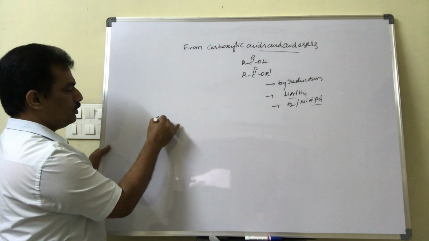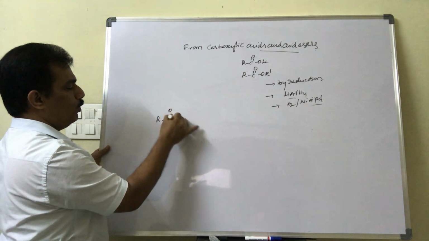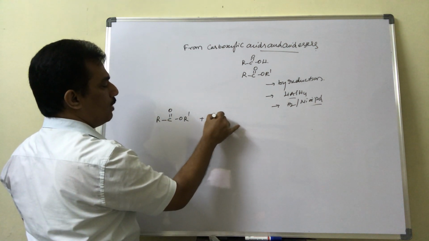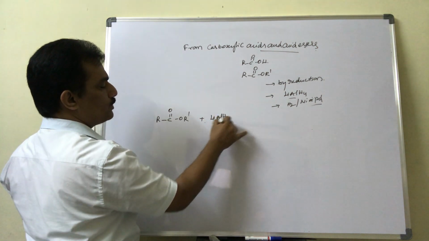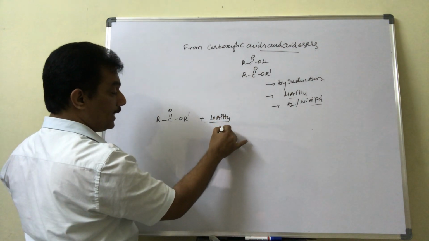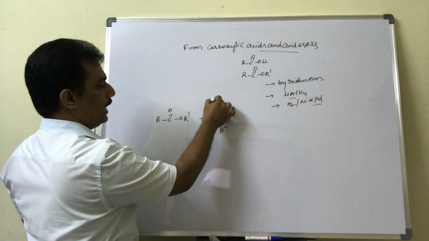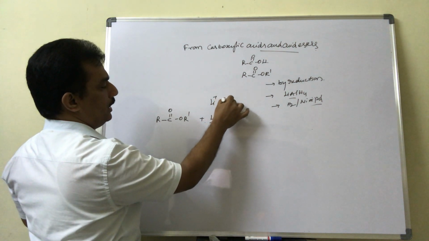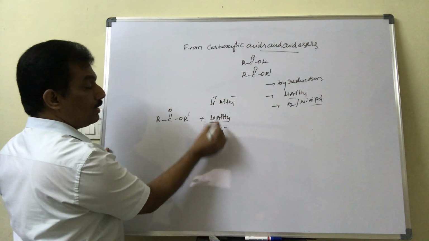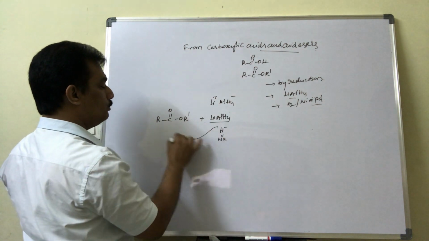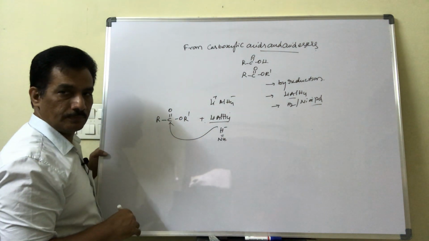First of all, just observe RCOOR'. Lithium aluminum hydride is nothing but Li+ AlH4-. One of the H- in the form of a nucleophile will come to attack on this. Clear?